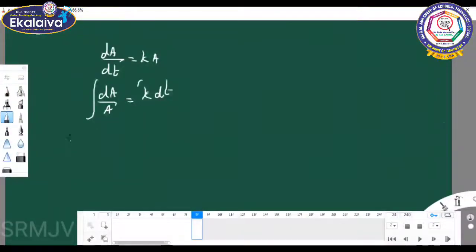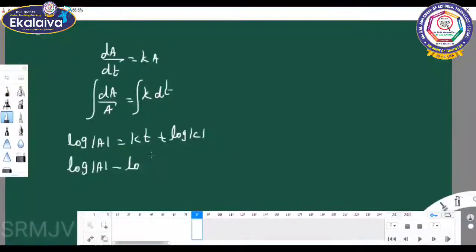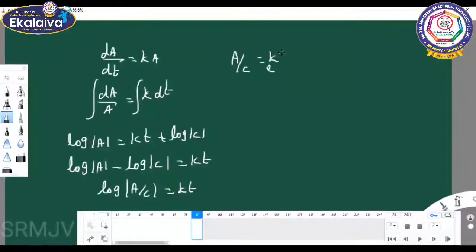Integrating on both sides, log of mod A equals kt plus log of mod C. Log of mod A minus log of mod C equals kt, so log of modulus of A by C equals kt. Raising the power e on both sides, A by C equals e power kt. So A equals C e power kt. Take it as equation 1.